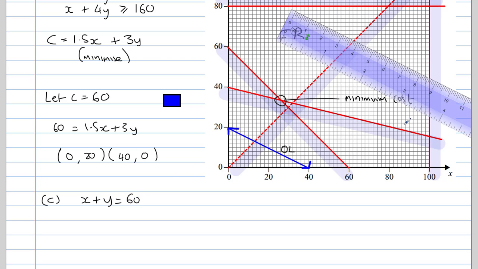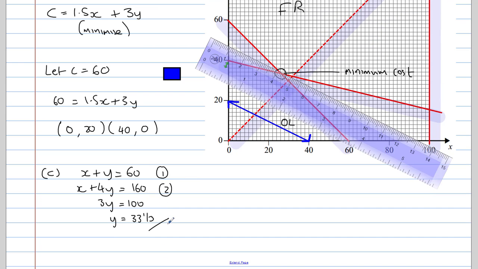And this line here is x plus 4y equals 160. If I call this equation 2 and this equation 1, I can subtract 1 from 2 to give me 3y equals 100, and y equals 33 1/3. So actually I couldn't read it nicely off the graph, and it was a good idea to do the simultaneous equations.